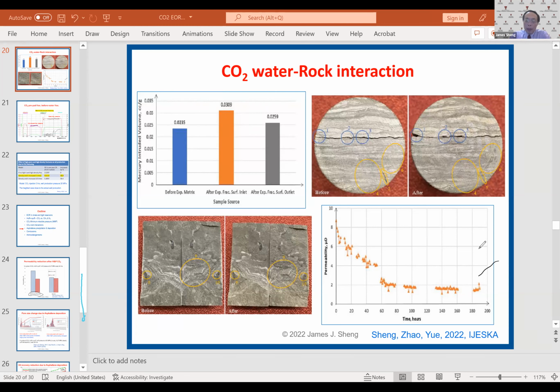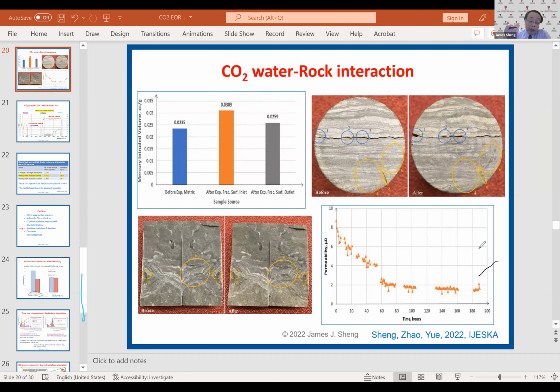In other studies, I had a few students working on water-rock interaction, and a few have graduated. Basically, we have a swelling issue, and when water contacts rock, the swelling pressure may cause some microfractures. That is also very complex physics.